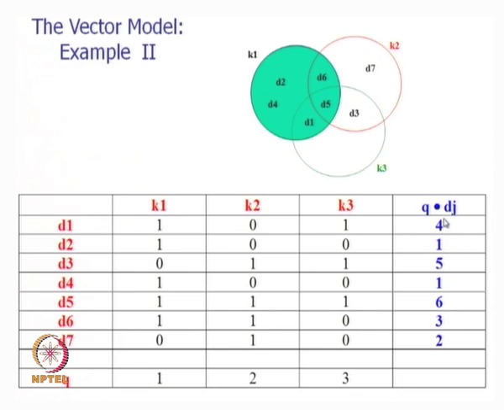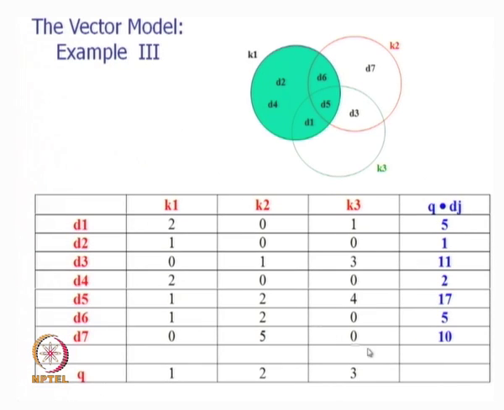However, we see a rearrangement of the other documents. D1 and D6 had equal score in the last weighting scheme of 1, 0. Here we see that D1 and D6 have different scores. D1's score has become higher because it contains a high weightage term K3.